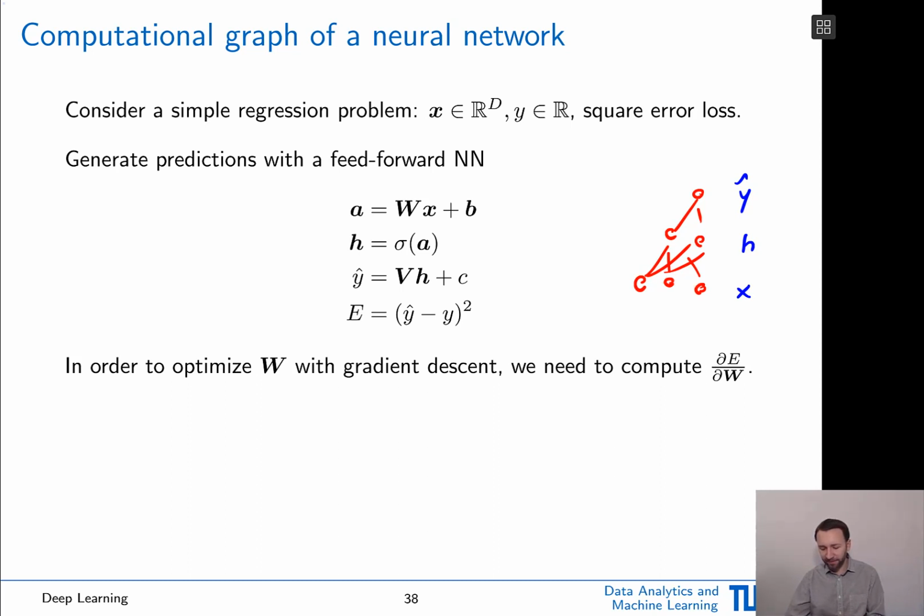Input x, hidden representation, and y hat, where be careful that we don't have any activation after the y hat because we're doing regression. And then we have the loss. So this is our neural network, a simple neural network, one hidden layer. And you can also think about these different functions as our modules, the modules, how we stack together our function. We are applying, so to say, e of y hat of h of a. These are the different modules.